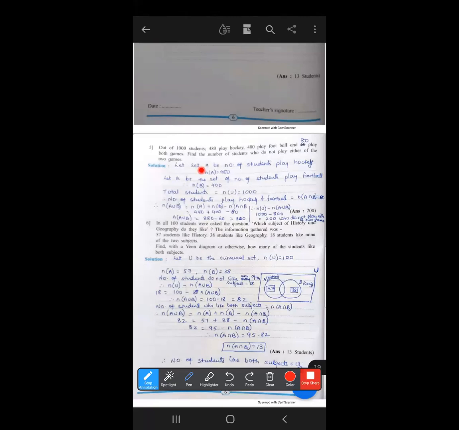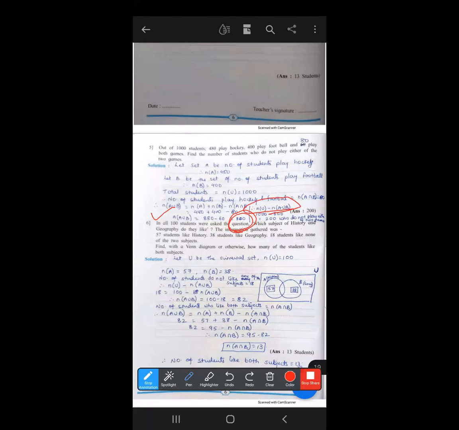So substitute the values in the formula for A union B, and you will get the answer as 800. The substitution is shown over here. Now this 800 is the total number of students in A union B. We will subtract it from the universal set.